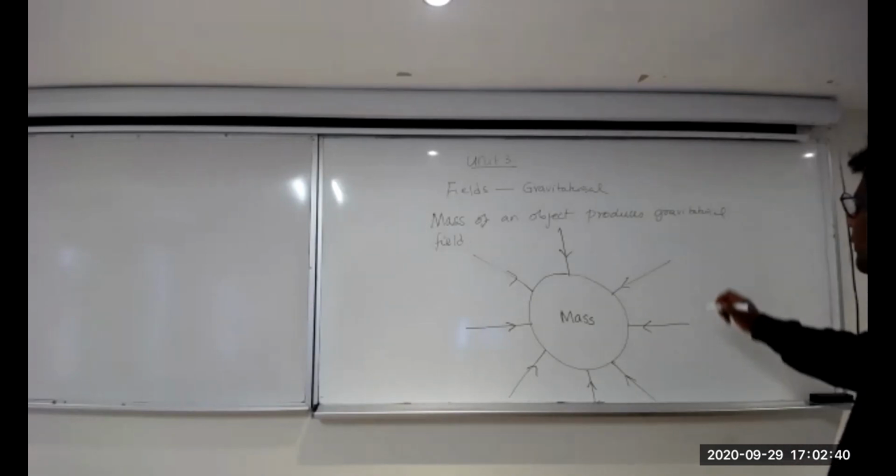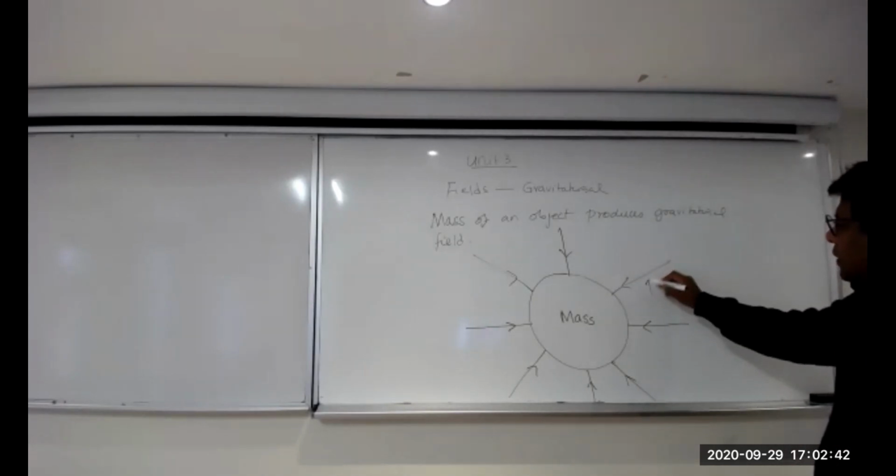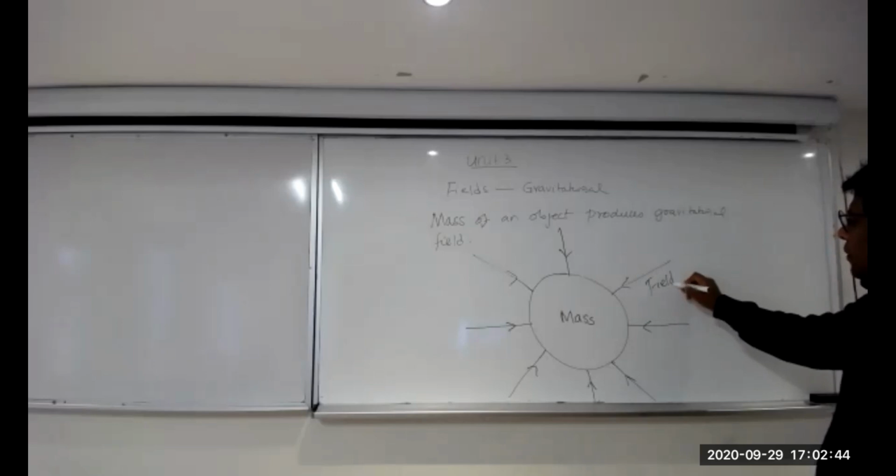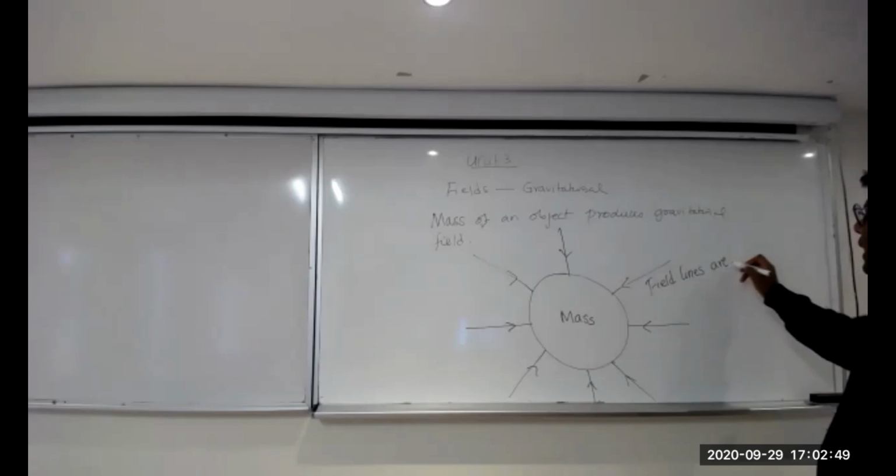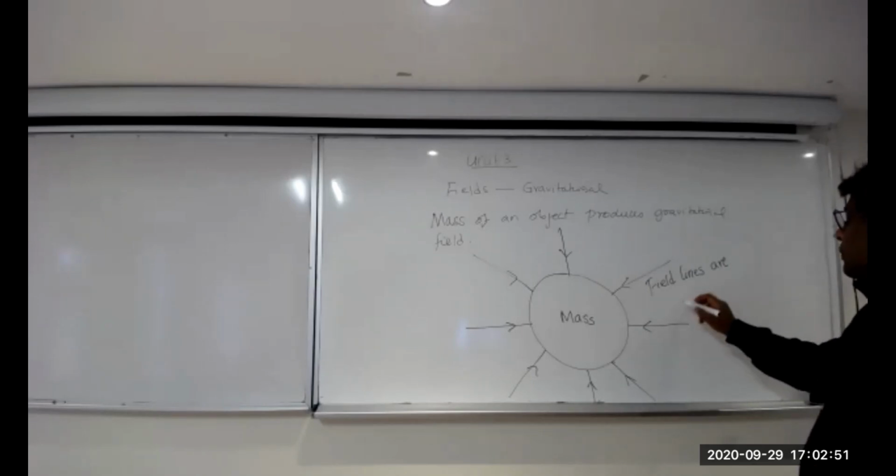Okay, so gravitational field, these are the field lines. They are static but non-uniform.